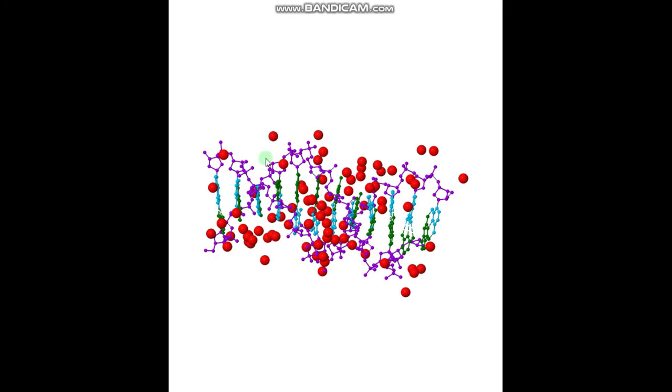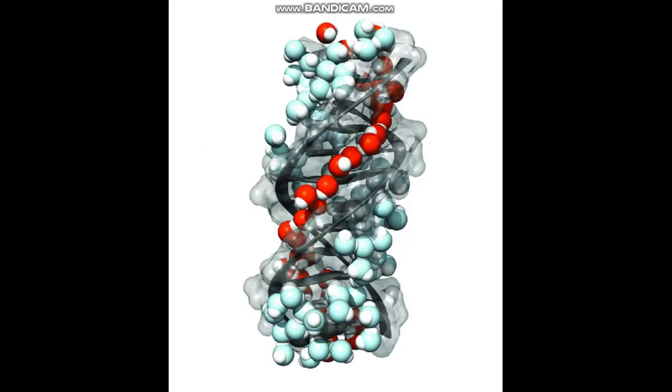So what this result is telling us is that there is actually quite a lot of ordering of water around the molecule. This picture comes actually from a molecular dynamics simulation, which is a way of trying to get around the fact that you don't have any evidence about the mobile waters in the crystal structure.